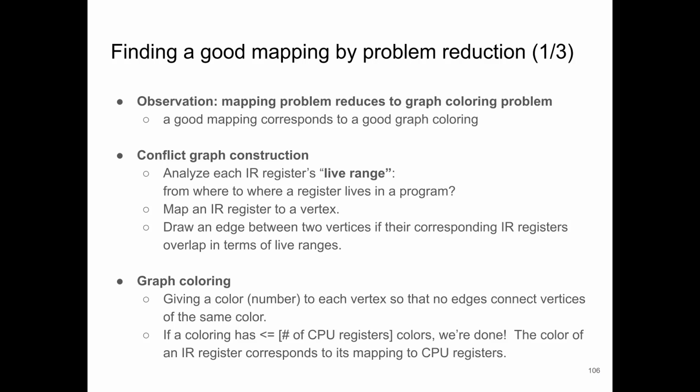And it is, by far, one of my favorite papers in the literature of programming languages and compilers. I have two very favorite papers. One is this register allocation paper, and the other is the SSA, static single assignment, paper. These two are very beautiful.